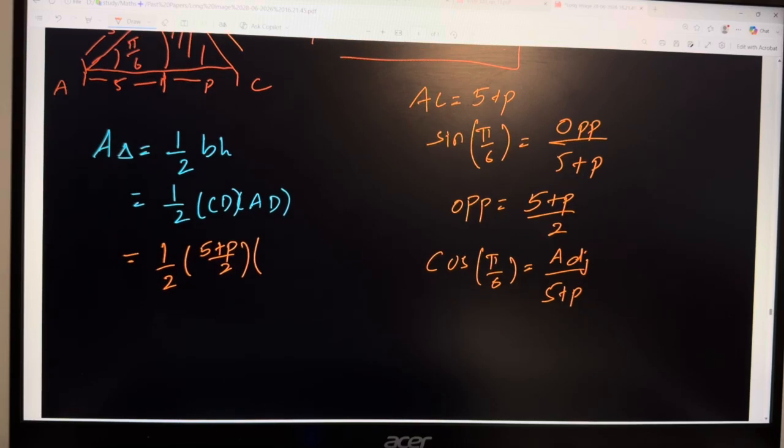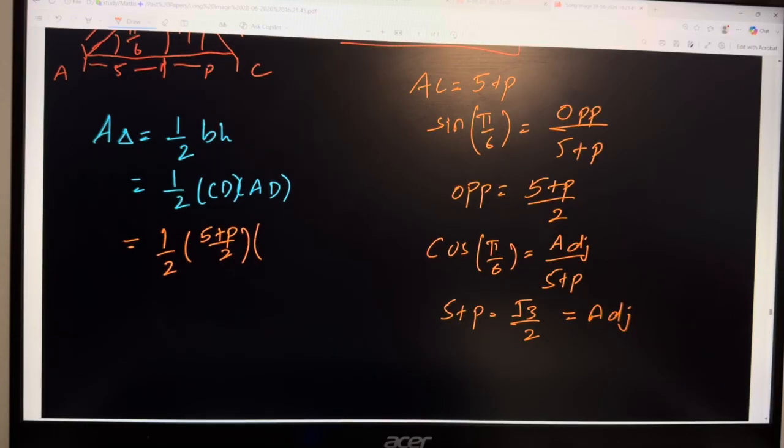Actually, I'm wrong, I got the answer. So we got root 3 upon 2. So 5 plus p times that, times root 3 upon 2, is equal to adjacent.